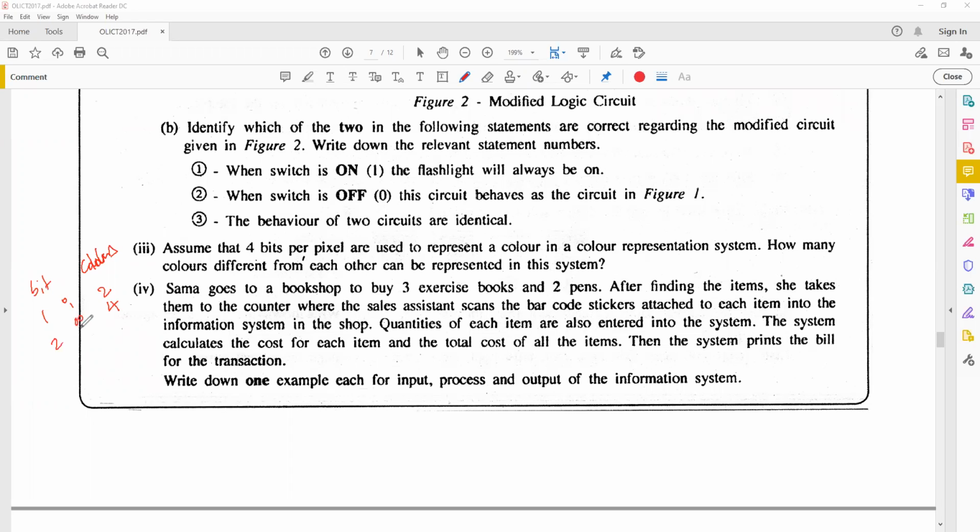This is 00, 01, 10, 11. So that means this is 2 to the power of the number of bits, right? Likewise, if you have 4 bits, the number of colors is 2 to the power 4. That means it's 16, right? So I got the correct answers from Lasindu, Chaturya, Chimendi, Muru, Vishmi. Right. Okay, so with that one, we'll finish for today.